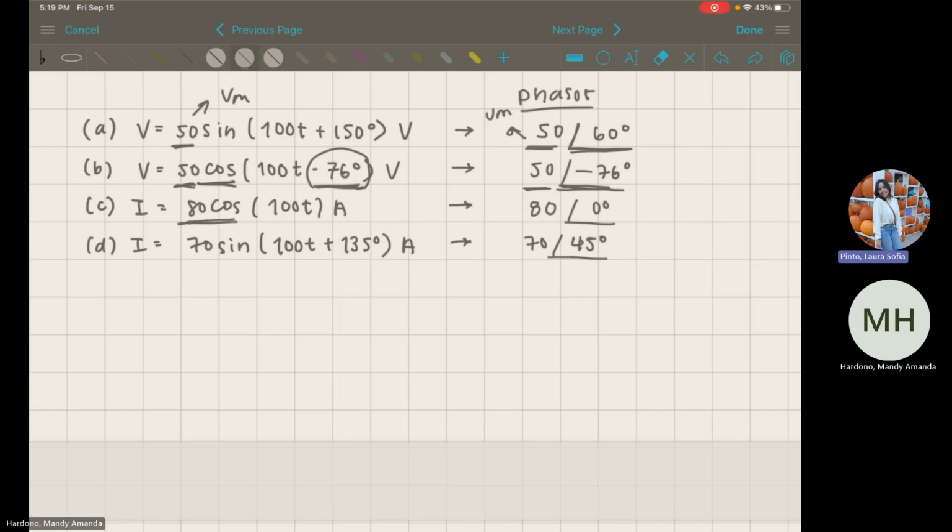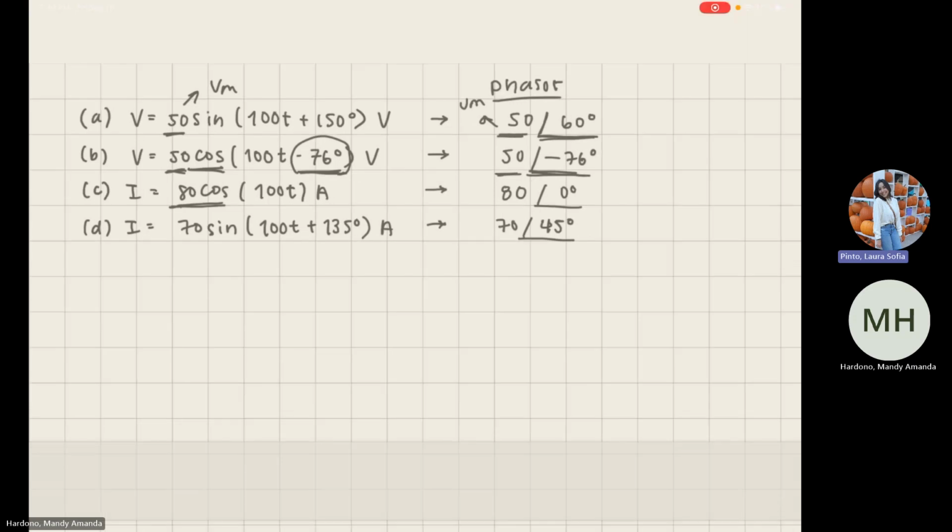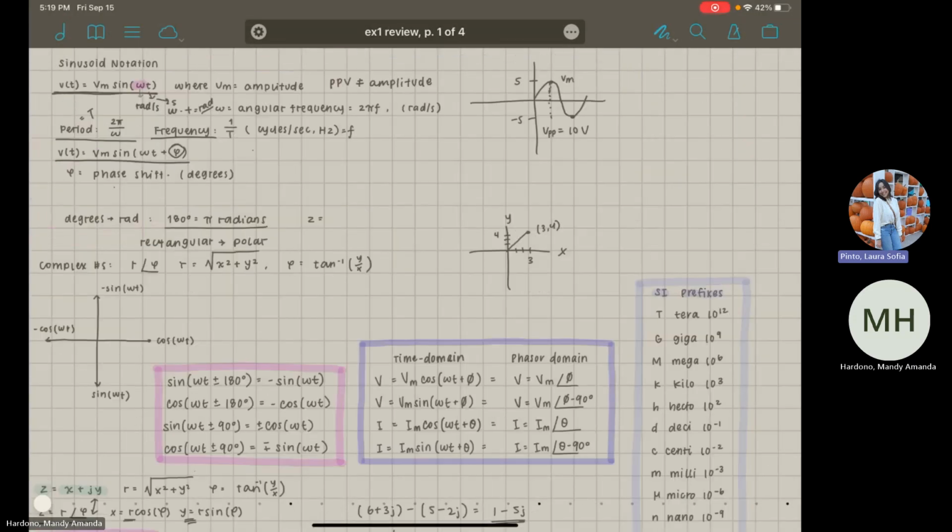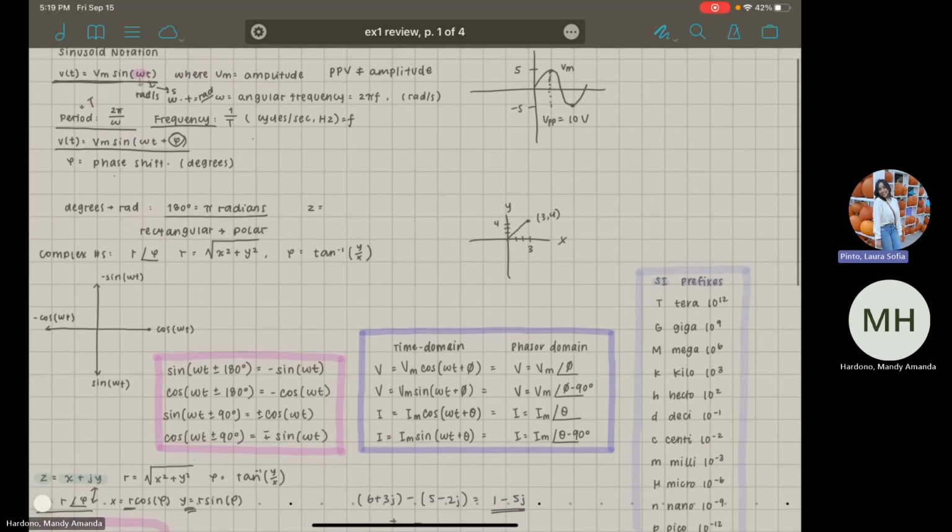Yeah, it really helps to memorize that table of things. Okay, so we good on phasor, time domain conversion.